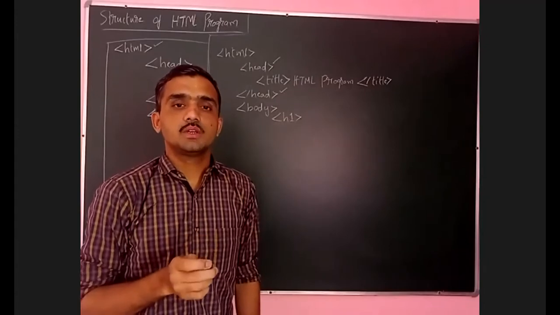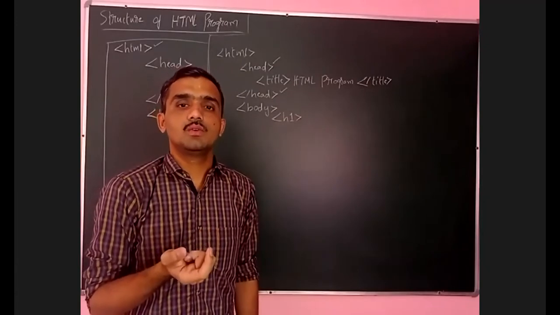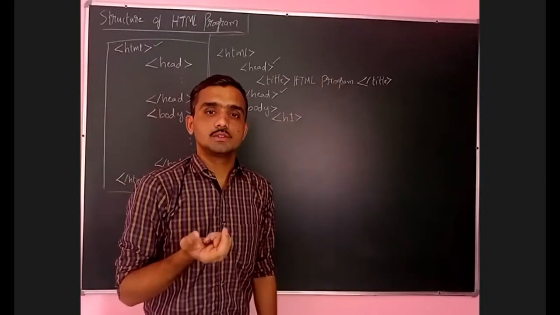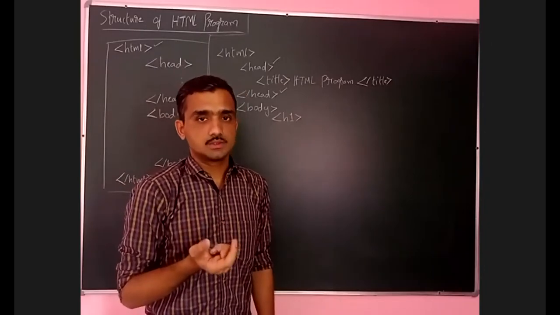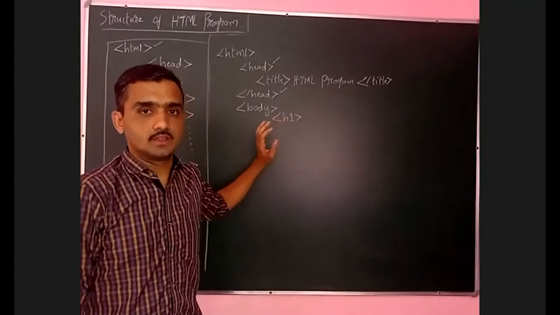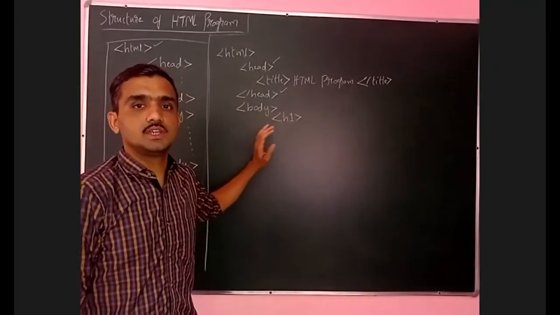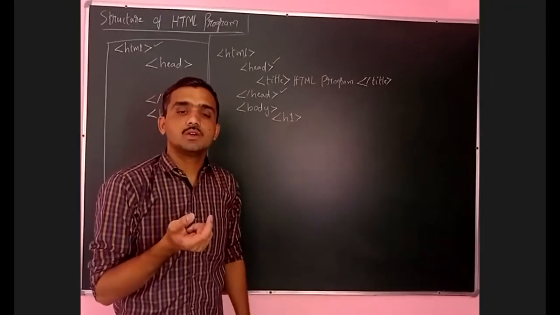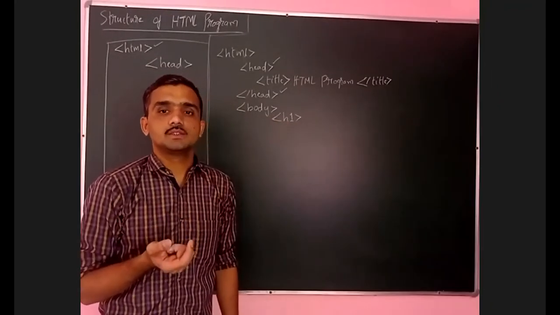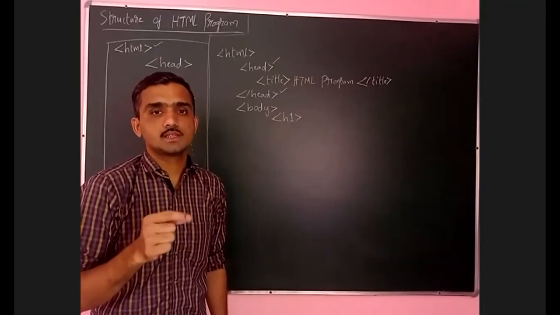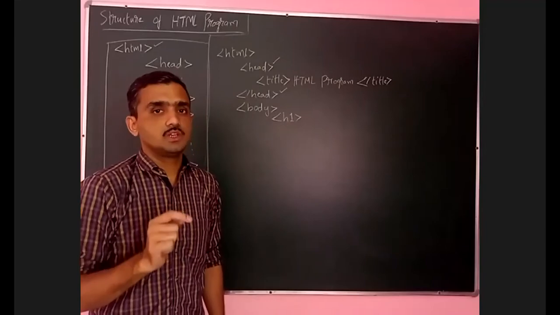If we display the heading of a document, generally we display it in bold characters, somewhat dark. So we use these tags. These are the levels of headings, H1 to H6. By using H1, we can display headings in a dark manner. H2 is a little less dark than H1, H3 is less dark than H2, like that. So use whichever you want.